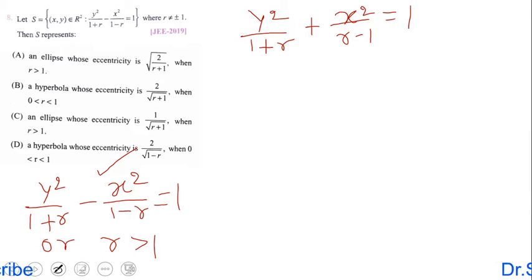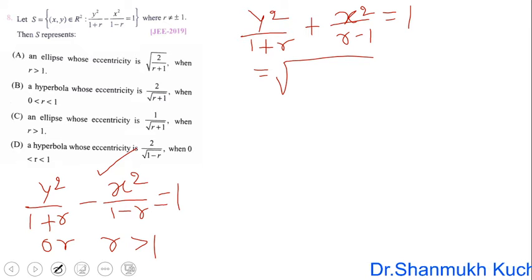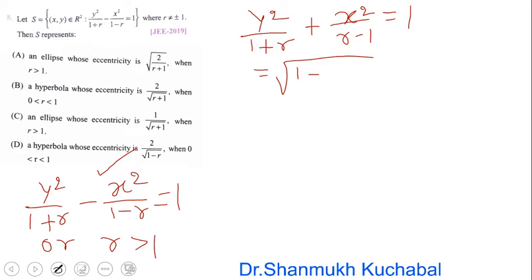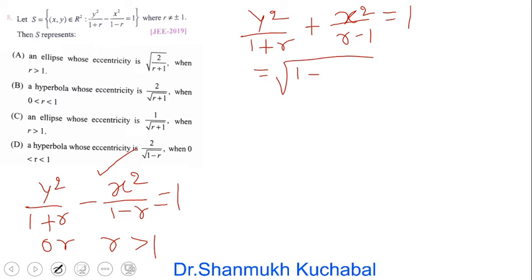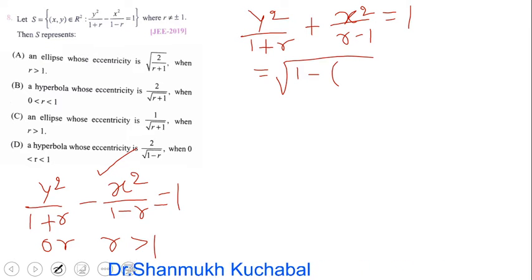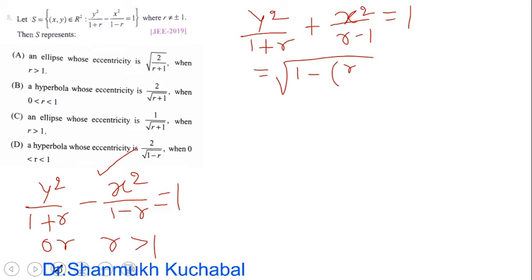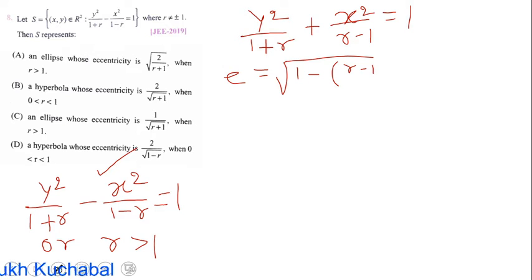Then I can use a relation, root of 1 minus a square by b square, so the eccentricity is r minus 1 divided by r plus 1. So I have used the eccentricity formula.